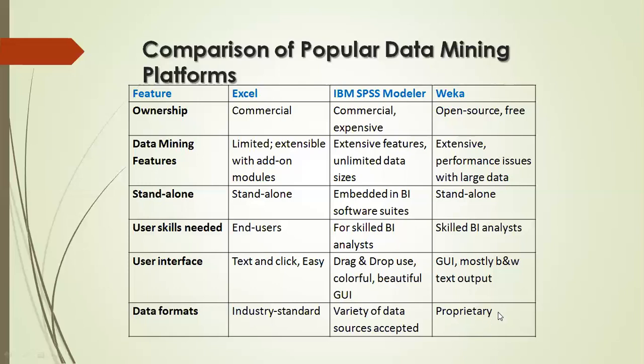So this is a comparison of the popular data mining platforms Excel, IBM SPSS Modeler, and Weka. Hope you can understand this concept. Just remember these features, and you can make the comparison between all three once you have understood this. Hope you understand, guys. We'll move to the next slide.